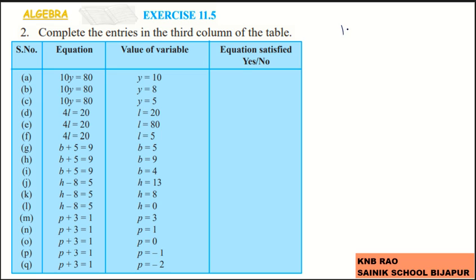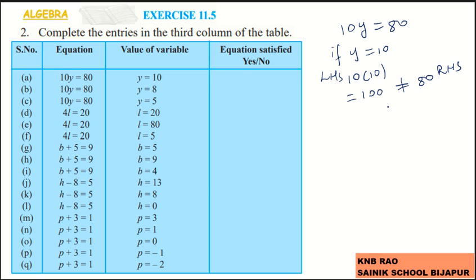So, if I substitute in the equation 10y equals to 80 the value of y equals to 10, then the left hand side becomes 10 into 10, which is 100, not equal to the 80 on the right hand side. Thus, y equals to 10 is not the solution.